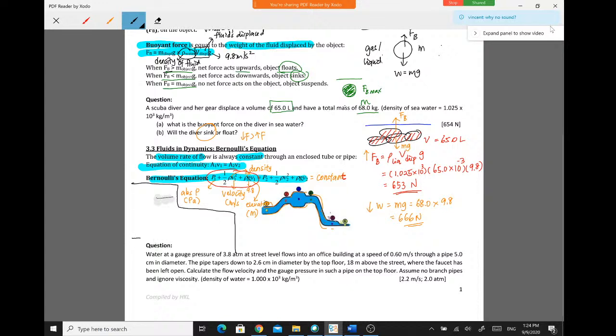No sound again. How about others? Can you hear me? Then perhaps you have to check your speaker. You check your speaker or the setting in your WebEx, the selection of your speaker. Alright, so if this is your building, we have a pipe here.